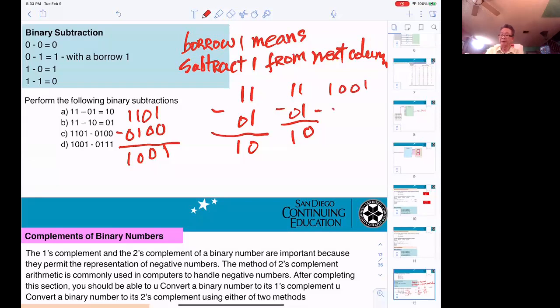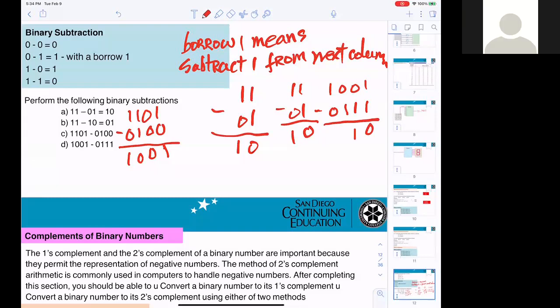Minus 0 1 1 1. 1 minus 1, you get 0. 0 minus 1, you get 1, right? Borrow 1. Okay. Borrow 1 means you subtract 1 from the next column.